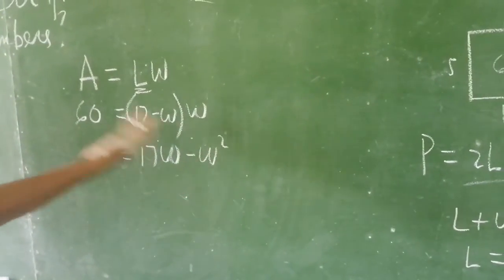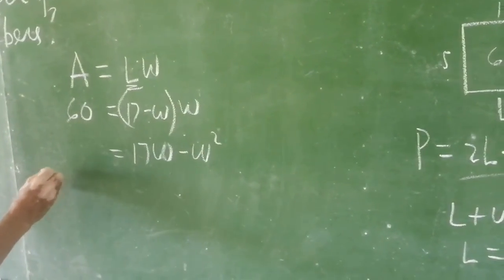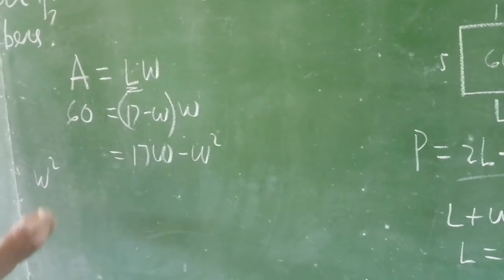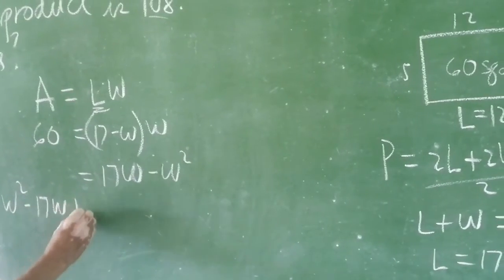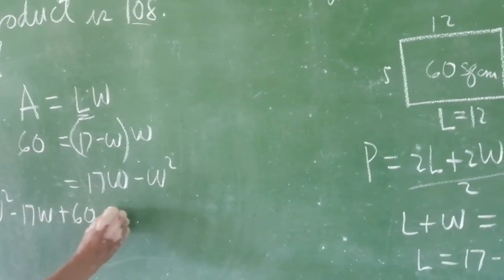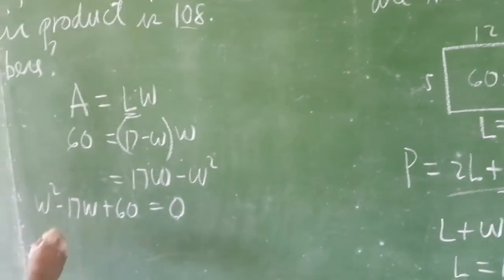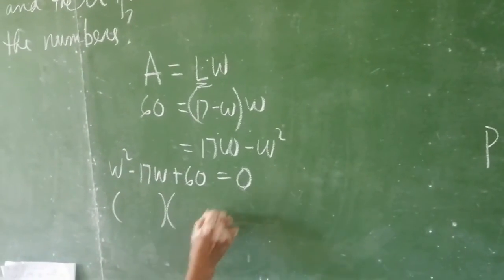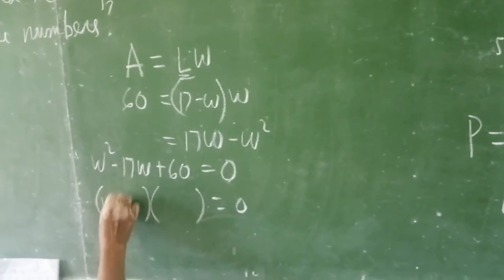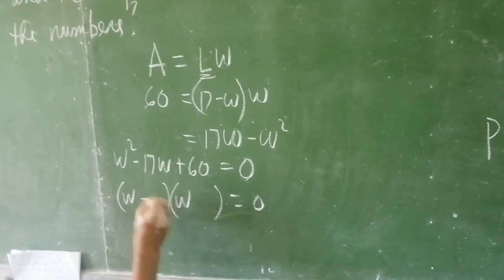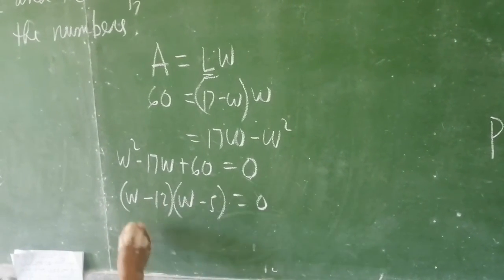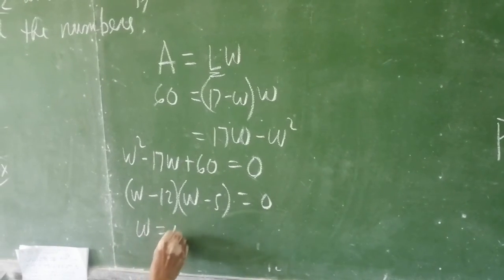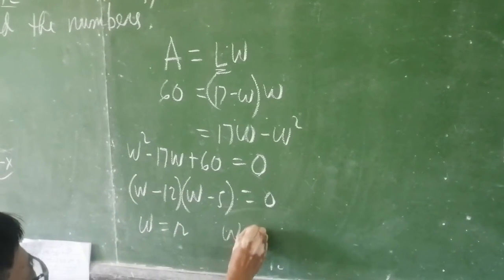Putting all terms on the left side of the equation will be W square minus 17W plus 60 equals 0. So factoring will be W minus 12 and W minus 5. So W equals 12 and W equals 5.